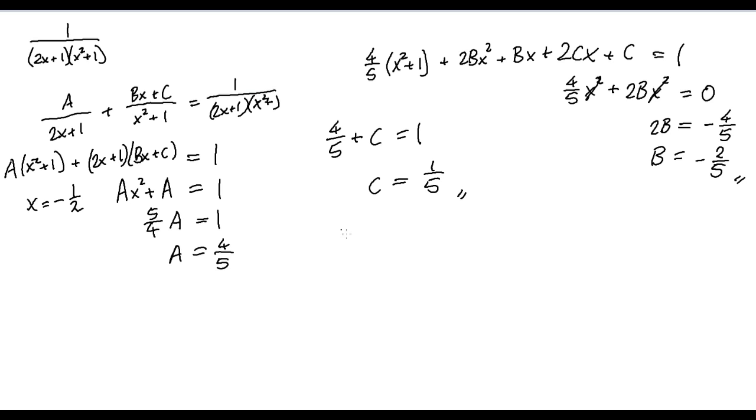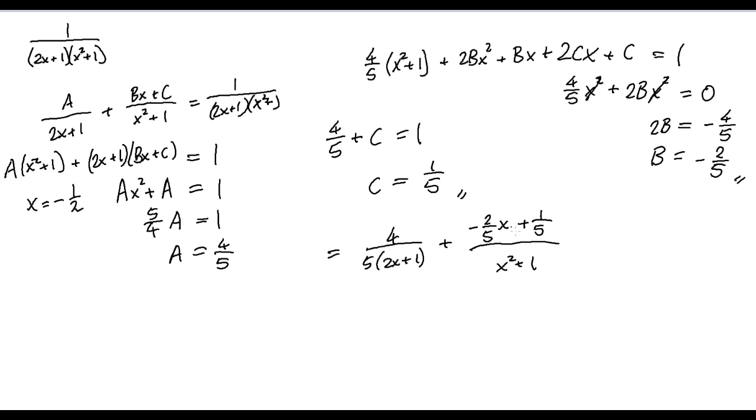So the partial fraction will be 4 over 5 times 2x plus 1, add minus 2/5 x plus 1/5, divided by x squared plus 1.